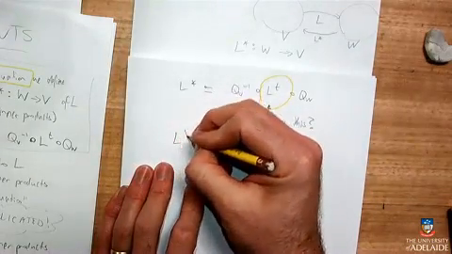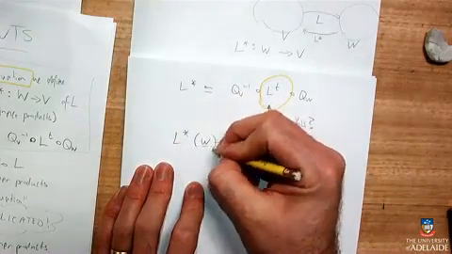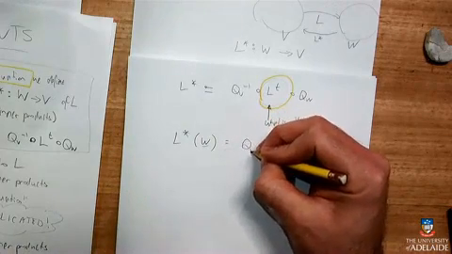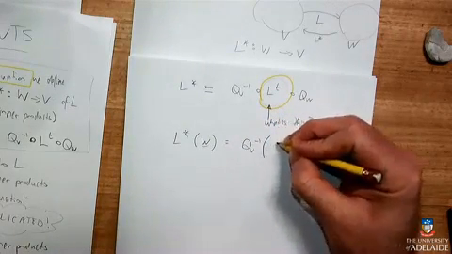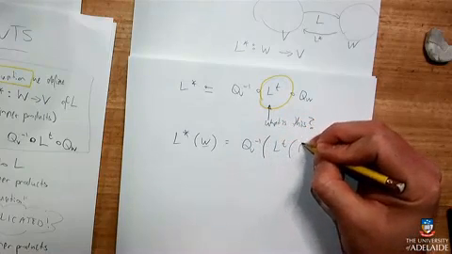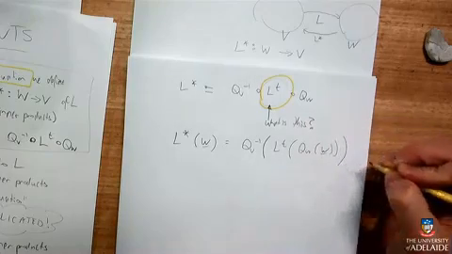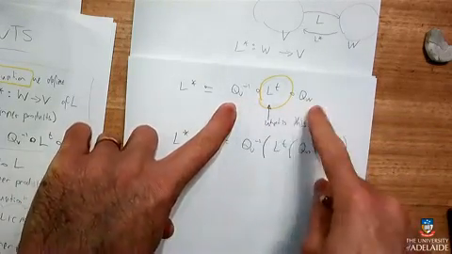L star of a vector in W is Q_V inverse of L^T of Q_W of W. That's what this says, because they're all compositions.